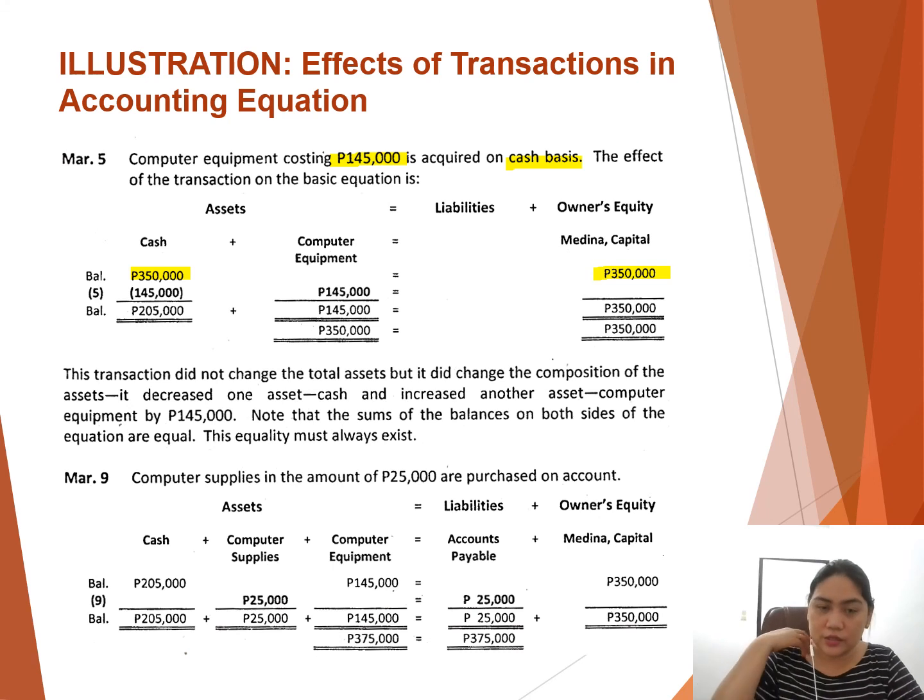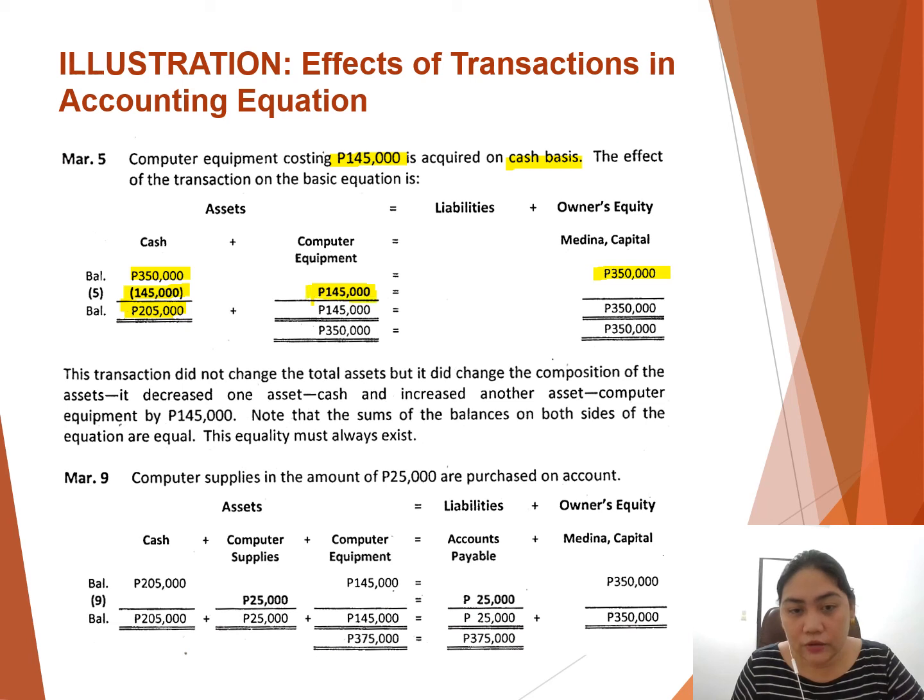Increase or decrease? So, dahil nagbayad siya ng cash, decrease. Okay? Ngayon, saan niya binayad yung cash? Binayad niya sa computer equipment. At dahil doon, nagkaroon siya ng computer equipment. So, therefore, that is increase. Kaya pagkikwentahin nyo, 350,000 minus 145,000, ang balanse ay 205,000, di ba?